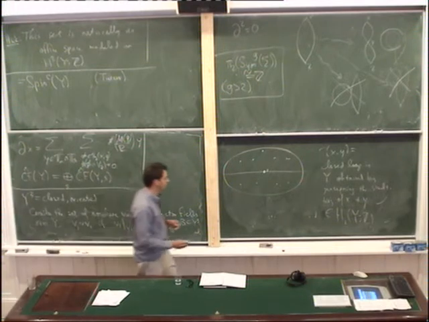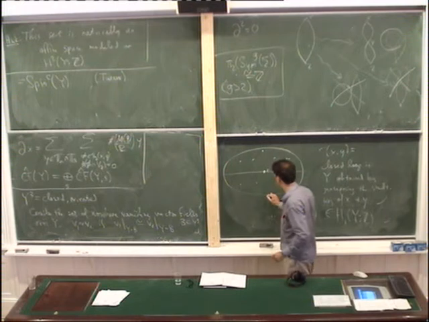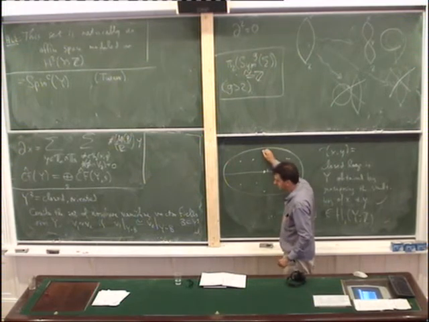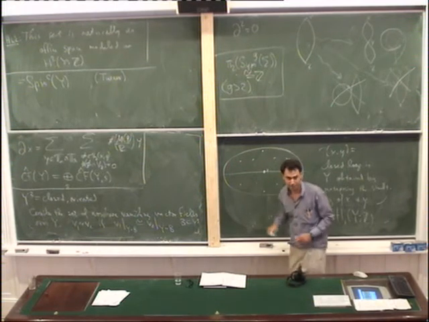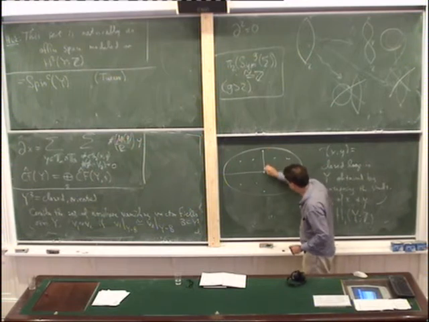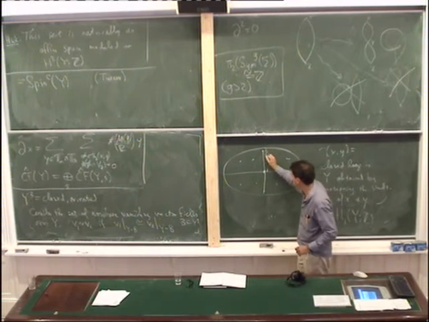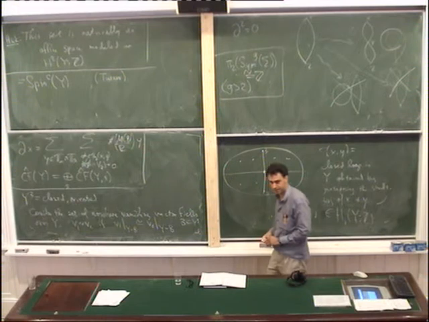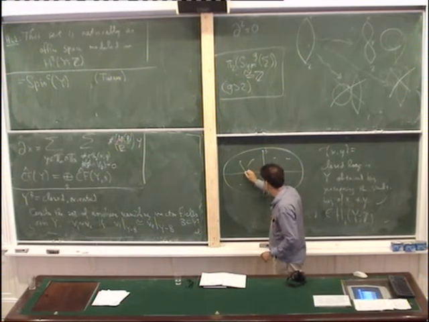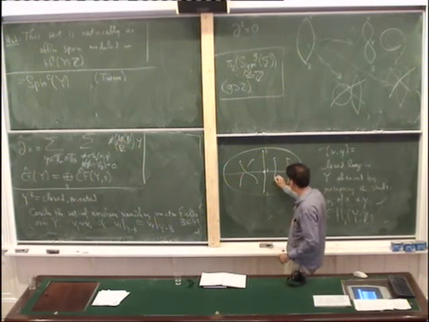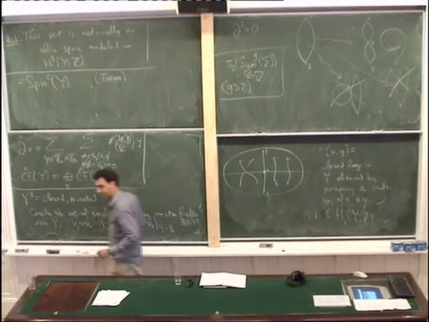And the way that works is I chose my additional reference point Z. The reference point Z I asked not to live on the alpha or the beta circles. Therefore, it gives us a preferred gradient flow line that connects the index 3 and index 0 critical points. And now we have some other simultaneous trajectories that connect the index 2 and index 1 critical points.